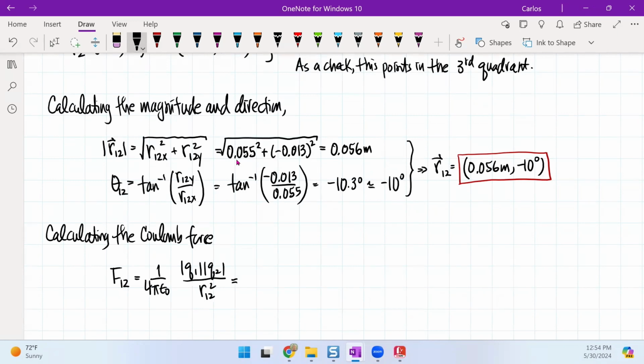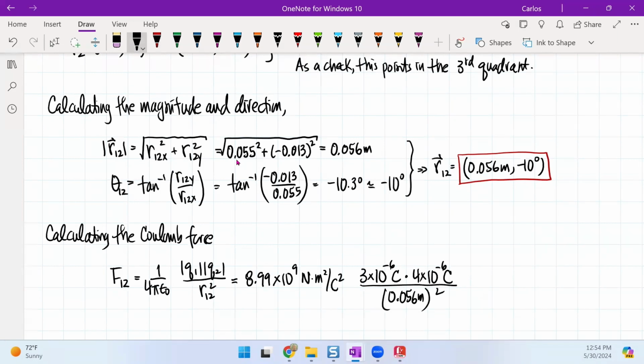Now putting in my numbers, I'm going to get 8.99 times 10 to the 9 Newton meter squared per Coulomb squared, times 3 times 10 to the minus 6 coulombs times 4 times 10 to the minus 6 coulombs, and then my distance between them is 0.056 meters squared.